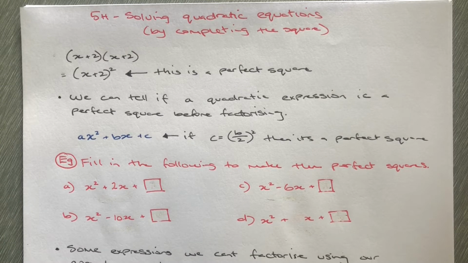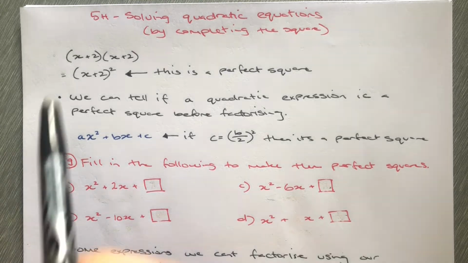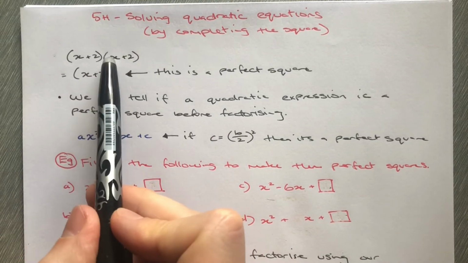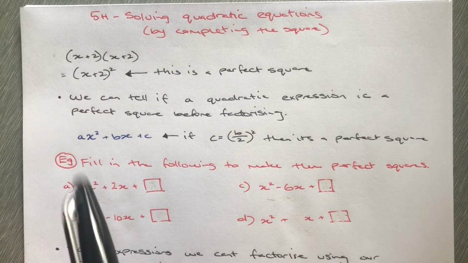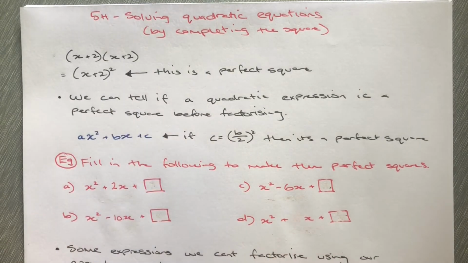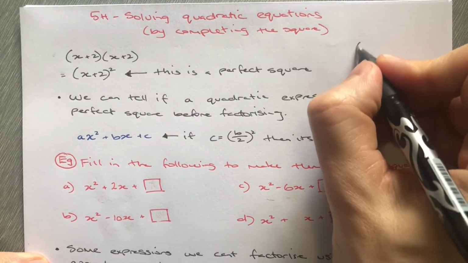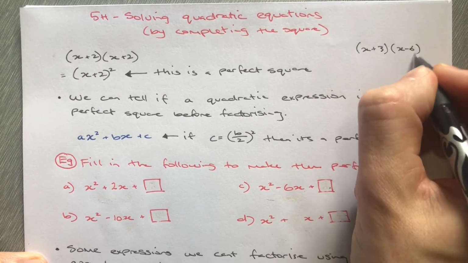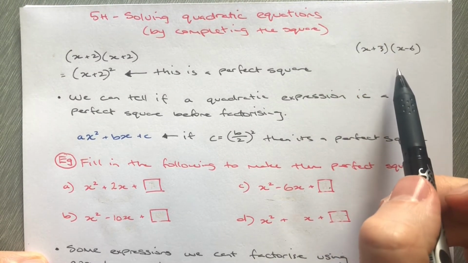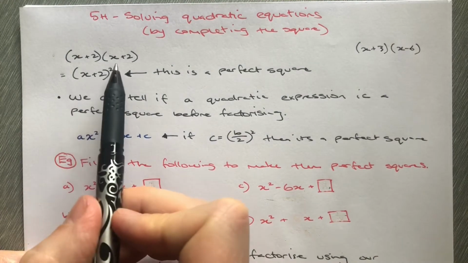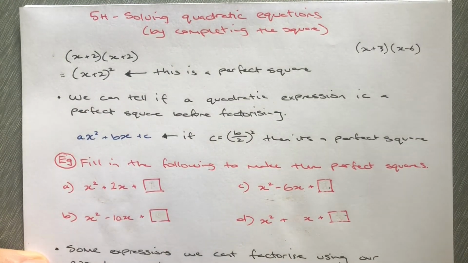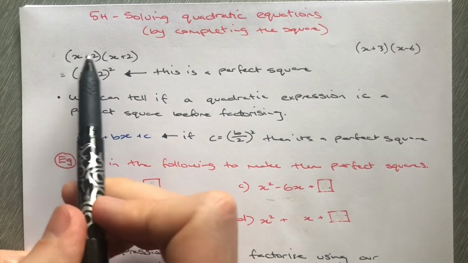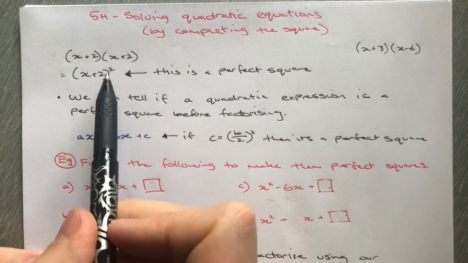So when we factorise quadratics, we often see stuff like this. Like this is our factorised version. They're not always the same. Often you'll get something that might look like this, could be x plus 3, x minus 6. Often they're different. But sometimes, like in this case here, they're the same. Now, something times by itself is just squared, isn't it?